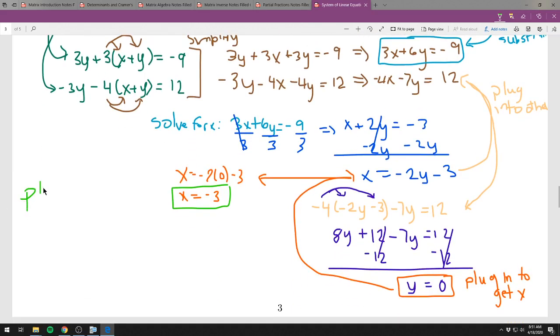To get z, we plug in x equals negative 3, what we just figured out, and y equals 0, to our equation z equals x plus y. So we've got z equals negative 3 plus 0, which equals negative 3.